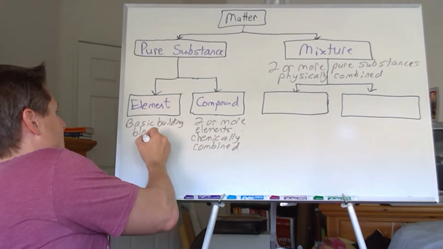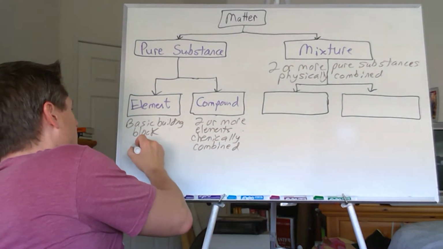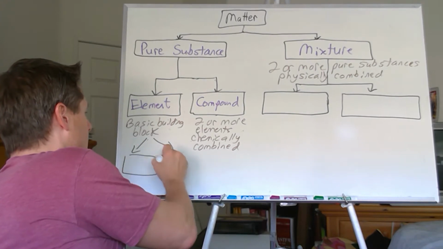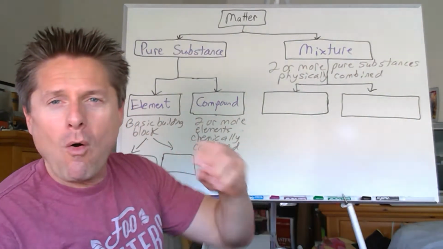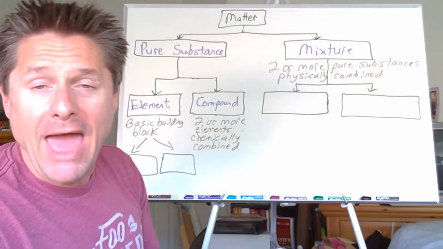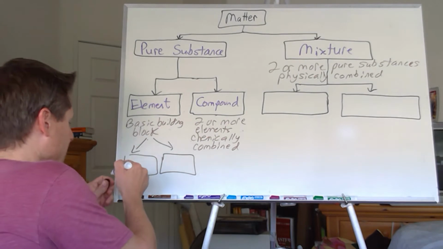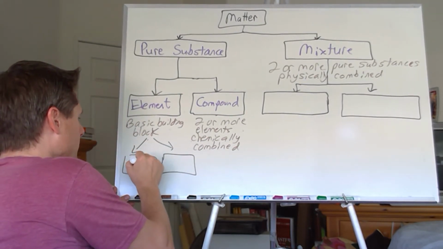So now, usually the textbook won't go further than this, but we can break down these elements into 2 types. Now, all the atoms, they're made up of atoms, the fundamental particles, right? So let's put atoms here.